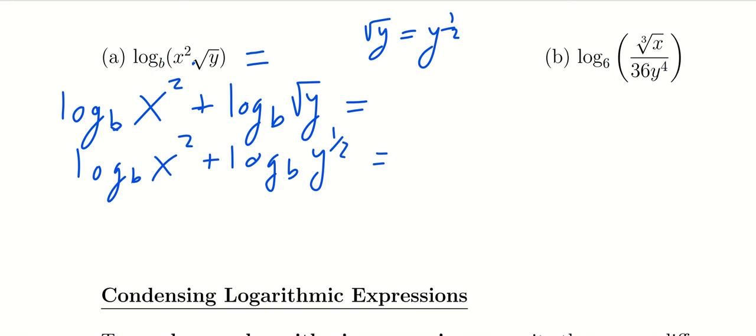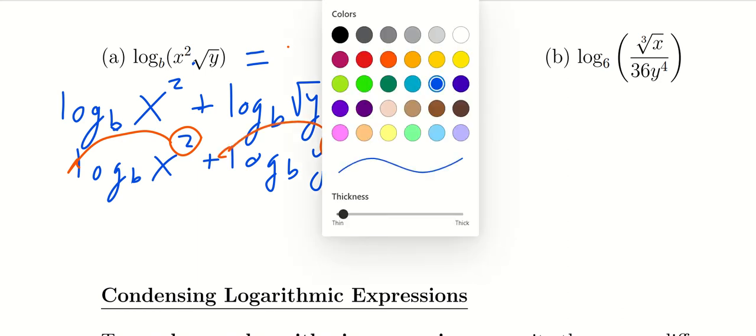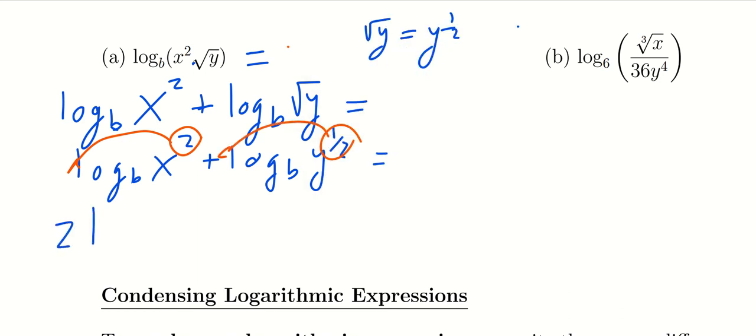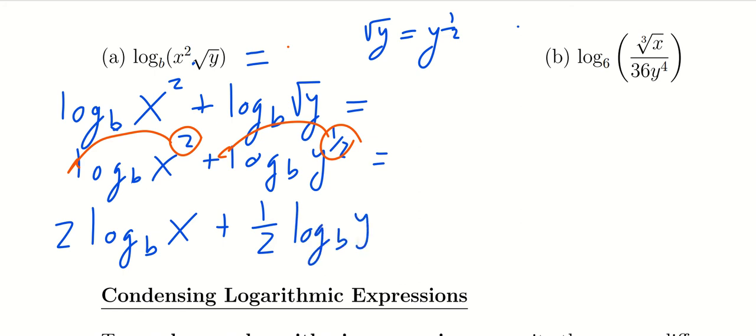It's y to the 1/2 power. According to the power rule, we can now take each exponent out in front as a multiplication. And then what we're left with is the following. The first term is 2 times log base b of x plus, now we have 1/2 times log base b of y. And that would be our final answer.